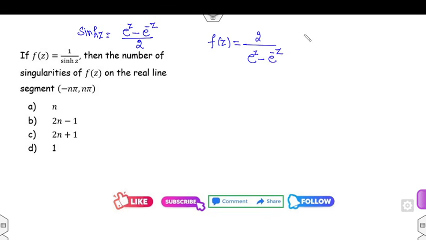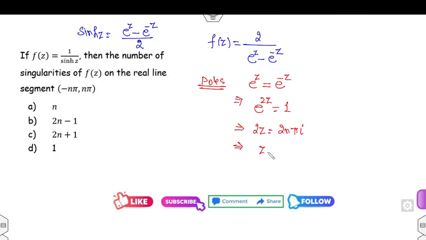To find the singularities, I can find the poles. e raised to power z is equal to e raised to power minus z, so e raised to power 2z is equal to 1. When it will be 1, cos 1 will be my, that's an even number, 2 n pi iota. So that means z will be my n pi iota.